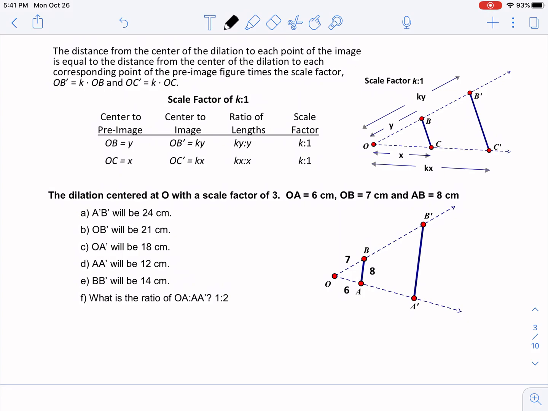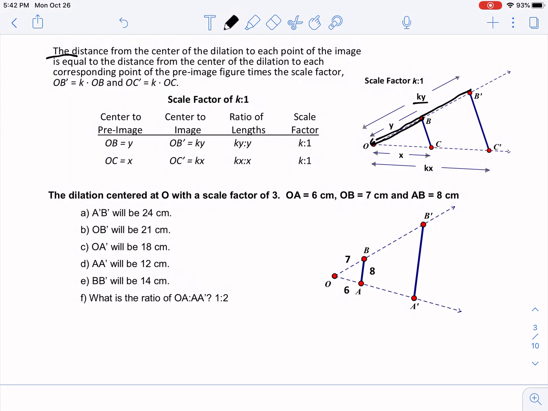It says the distance from the center of the dilation to each point of the image is equal to the distance from the center of dilation to each corresponding point of the pre-image figure times the scale factor, okay? Now, all that really means is if O over here is our center of dilation, if the distance from O to B is Y, whatever that generic distance happens to be, then the distance from O to B prime, the image here, would just be the scale factor times Y, okay?